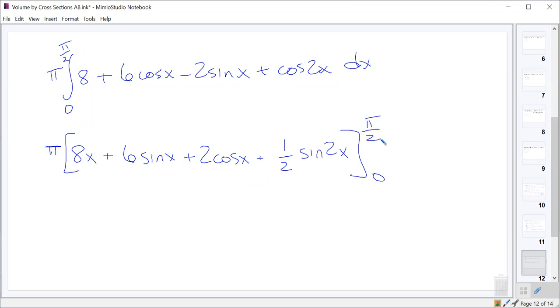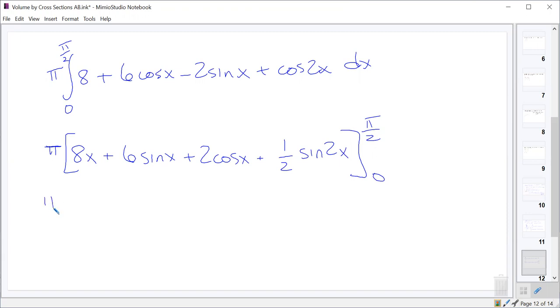And what's the integral of cosine 3x? 1/3 sine 3x. What's the integral of cosine 7x? 1/7 sine 7x. Same thing if I wanted to take the integral of sine 2x, that should be -1/2 cosine 2x. You just take the integral of the base function, the cosine or the sine, and then you divide by that coefficient.